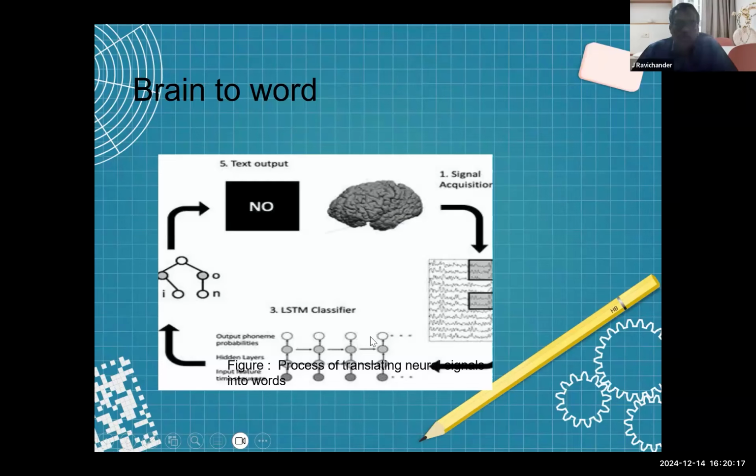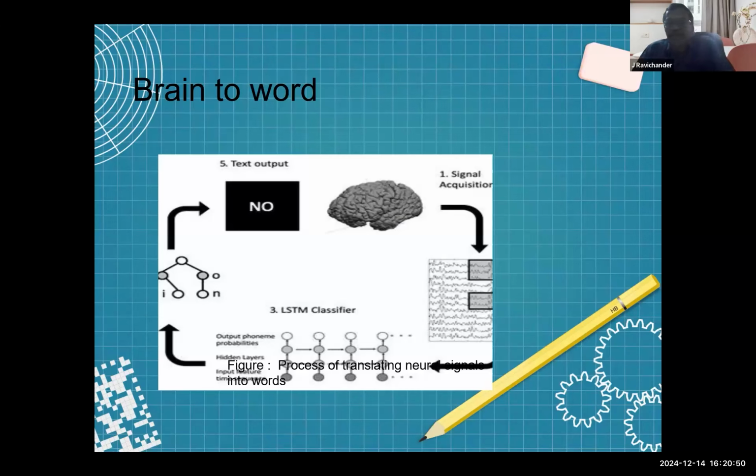Then the signal will be given to a classifier. We have to train one particular model. That model gives some classification that will again be translated into words. That is where natural language processing comes into the picture.